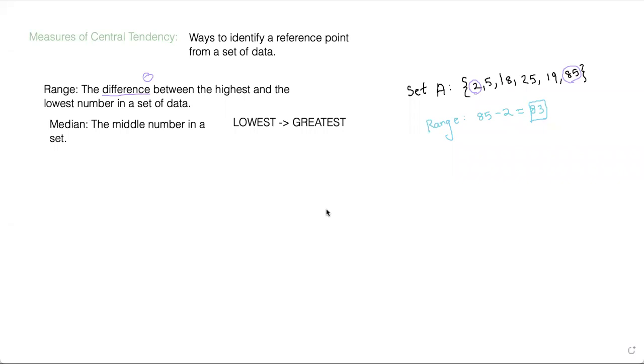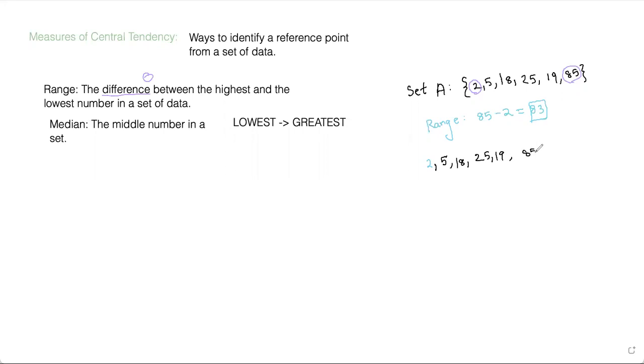Let's come back to our set A: 2, 5, 18, 25, 19, and 85.